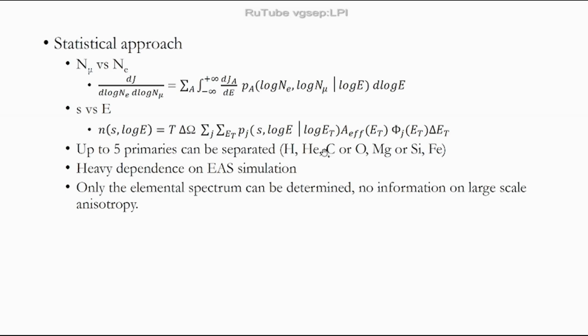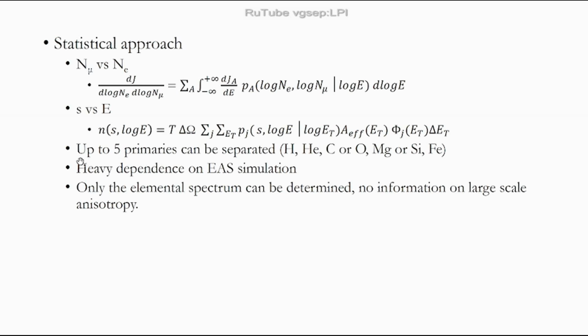And this can be obtained as a sum of many contributions. Again, we have the phi, that is the spectrum of each element, and the probability that an event of a certain primary particle with a certain energy originates a shower that is classified in a particular pixel of this two-dimensional spectrum. Again, this probability can only be calculated with extensive shower simulation.